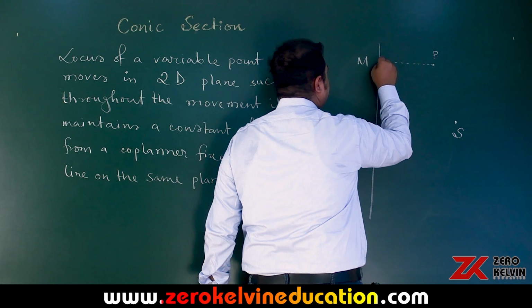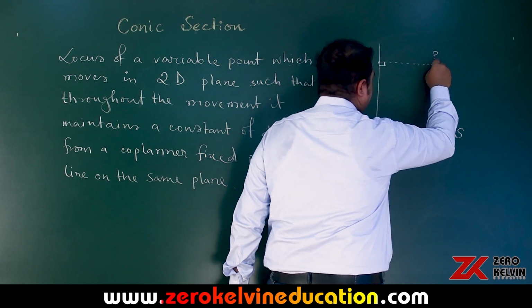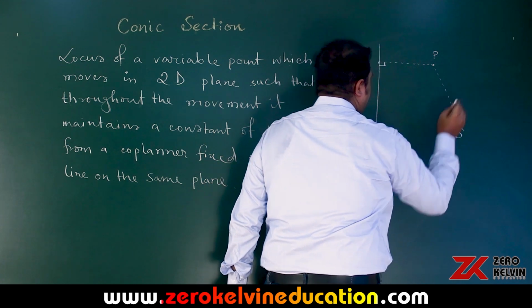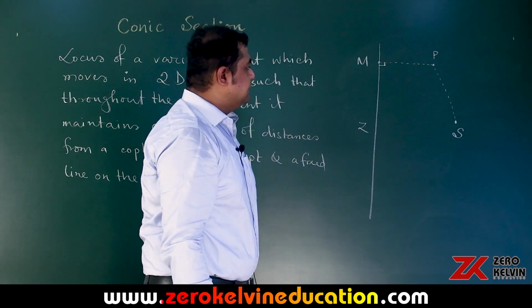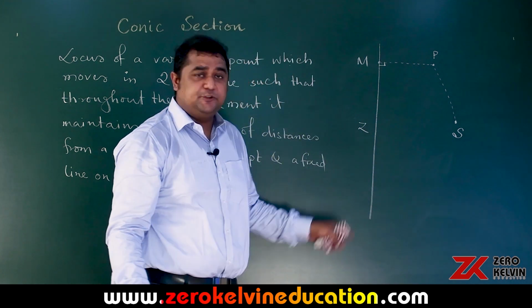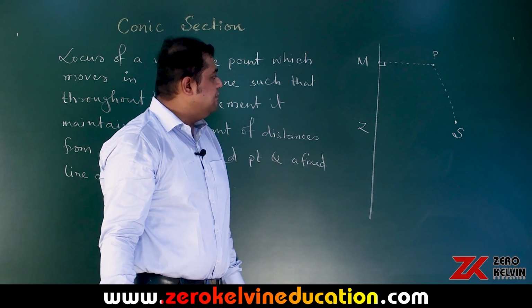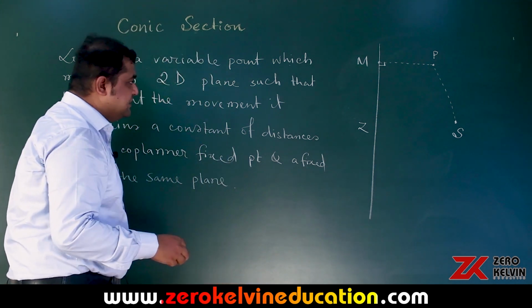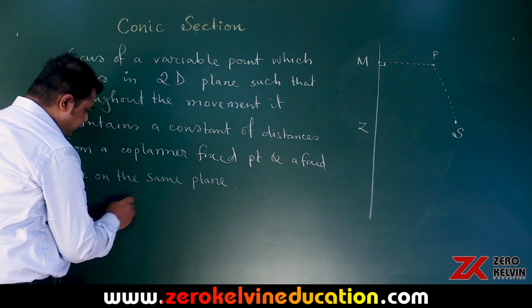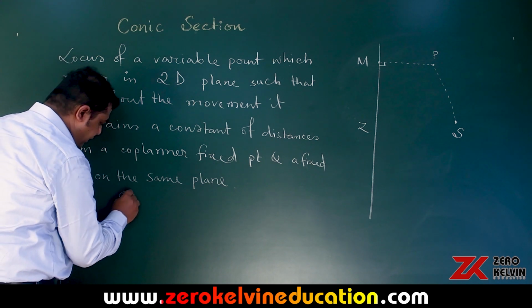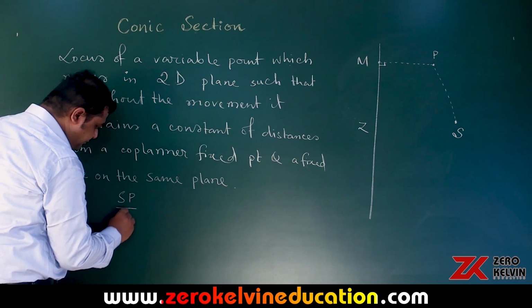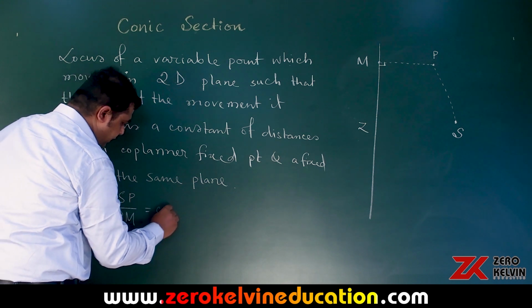Its perpendicular distance from this line and its distance from the fixed point S are respectively marked as PM and PS. So, as per this description, to generate a conic, what we want is SP by PM is some constant.